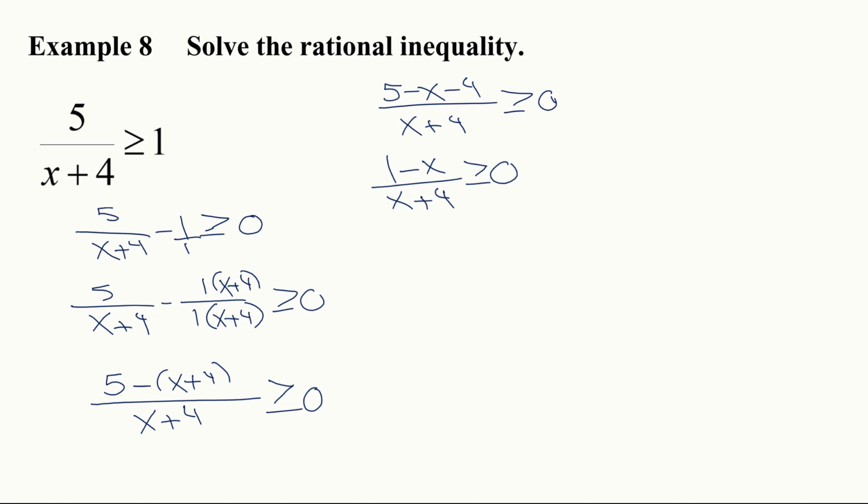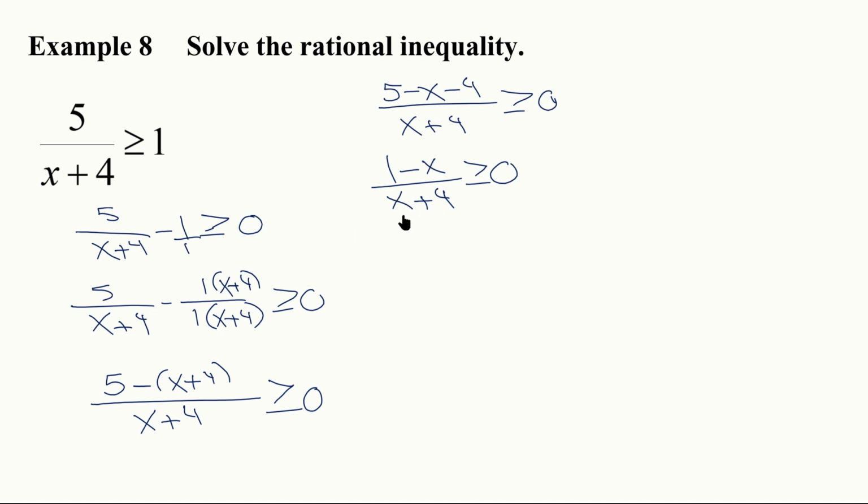All right, so this time the regions of interest are going to be of 2 varieties. One, the ones that make the numerator 0, that make the fraction basically 0. The other one is as long as, of course, it doesn't make the denominator 0, because if a number makes both the numerator and denominator 0, then the fraction becomes undefined as well. But as long as a number makes the numerator 0 but not the denominator, then it makes the fraction 0.